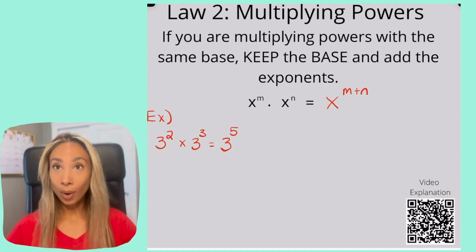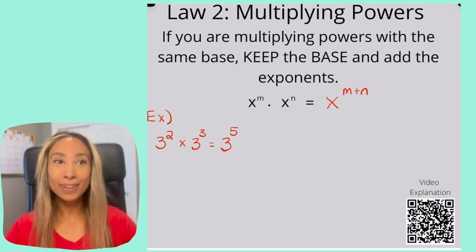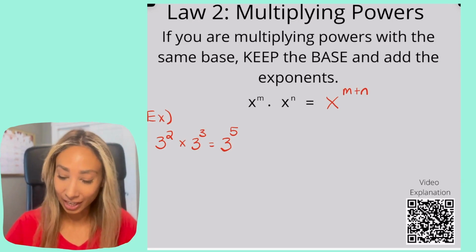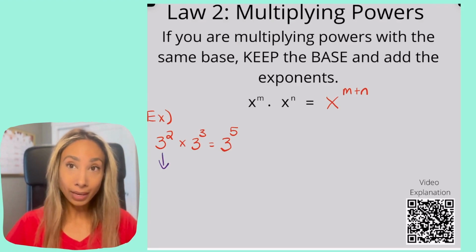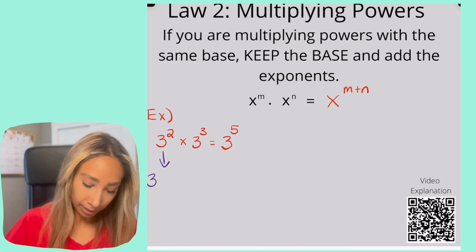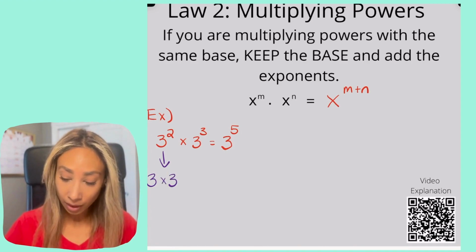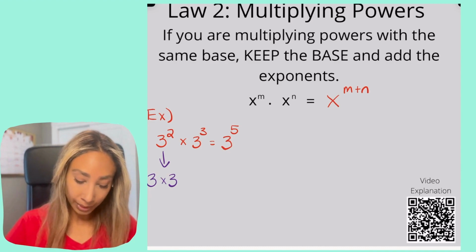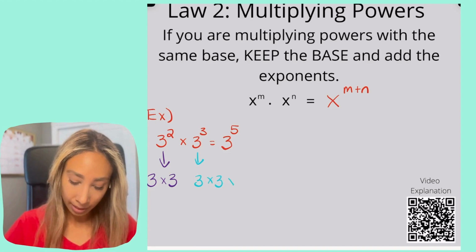Now, let me show you why that works, okay? You don't always have to prove it, but it's important to understand why it's working here. 3 to the power of 2 in expanded form is 3 times 3. And then of course, with our other one, 3 to the power of 3, that's 3 times 3 times 3.